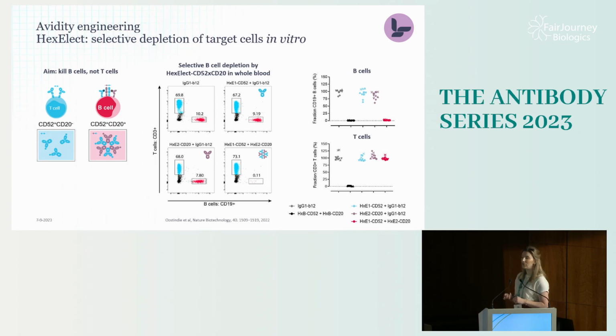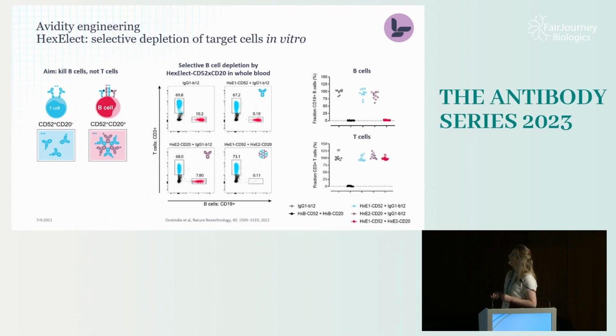But CD52 is not only expressed on B cells, but also on T cells, and it's very well known that there's high toxicity observed when clinically the antibodies against CD52 were tested, and of course that's something that we would like to prevent. So we thought this is a very nice model system, because here we could show that if we make HexSelect antibodies against these two targets, we may achieve selective depletion of the B cells, but not the T cells.